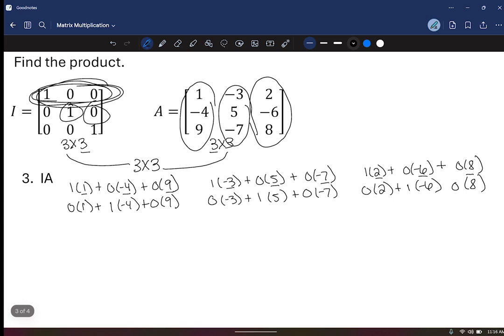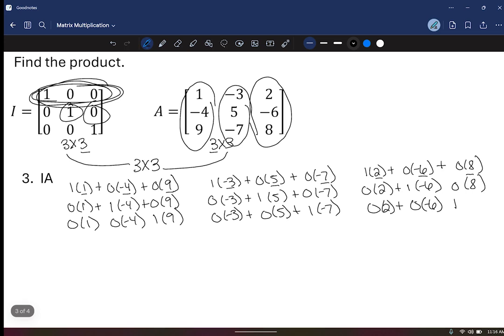And then your third column, you know you have 0, 0, 1, 0, 0, 1, 0, 0, 1, and then your column numbers are going to stay the same. It just makes it a little bit easier when you have a lot of them to do, if you can do it that way.